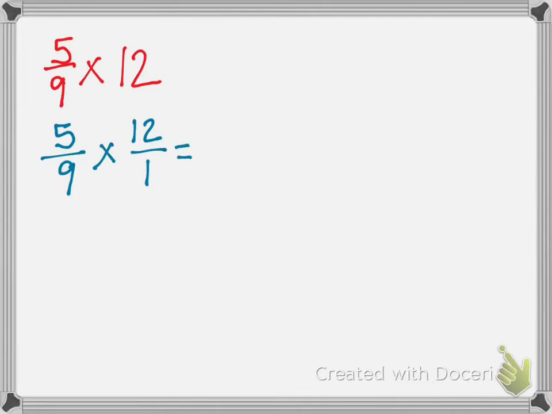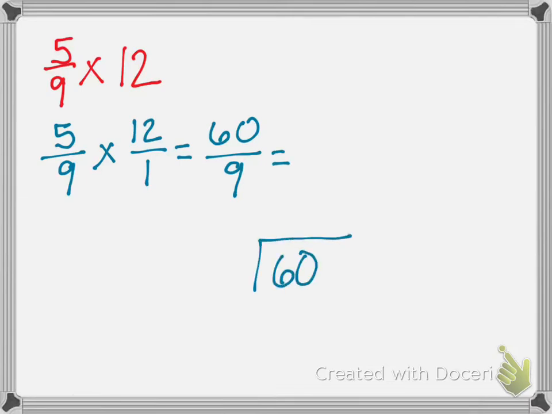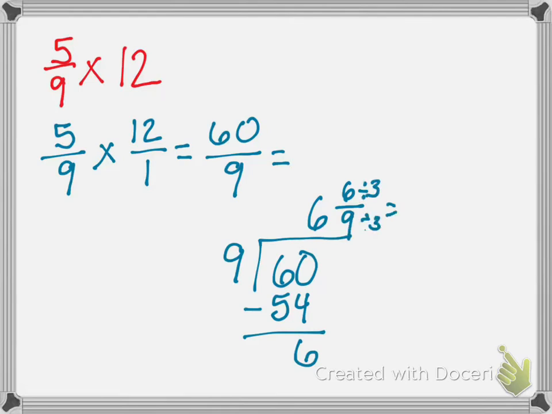So now I'm going to multiply straight across, and 5 times 12 is 60, and then 9 times 1 is 9, and then I need to divide, and so 9 times 6 is 54, and then we have 6 for our remainder, so we go 6/9. The denominator stays the same. We can divide to get 2/3, so we end up with 6 2/3.